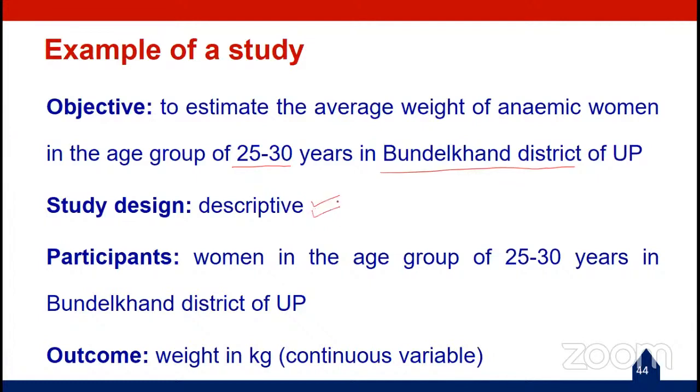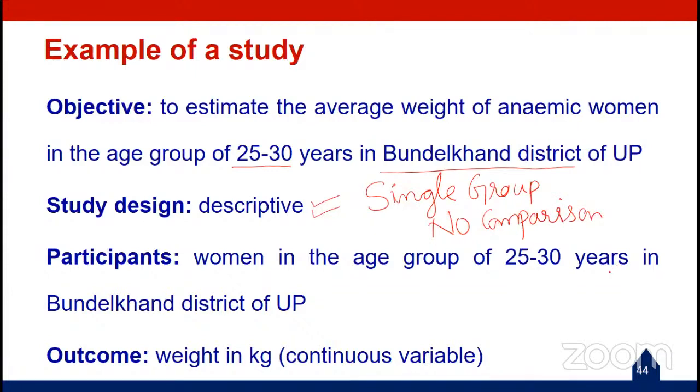You can see that it is clearly a descriptive study. Okay, in the sense it involves a single group. No comparison is there. We are not doing any comparison. In the sense, we are not doing any hypothesis testing.